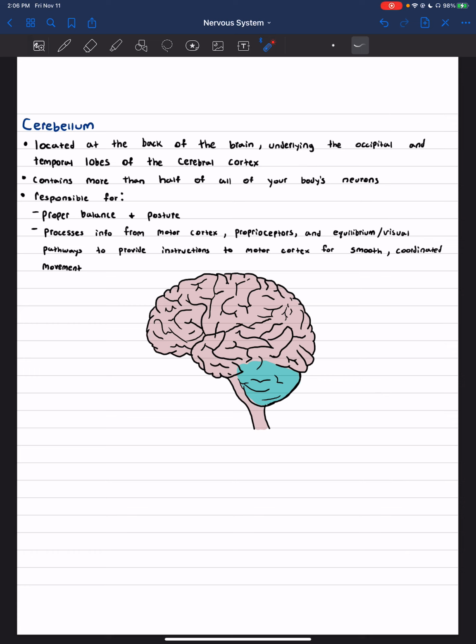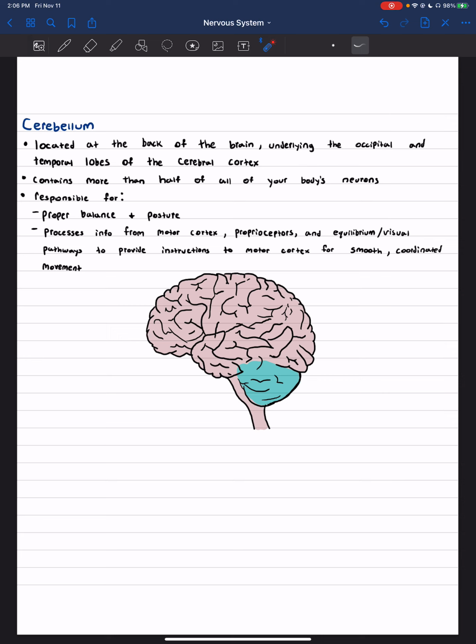The primary functions of our cerebellum are to regulate and it's responsible for smooth, coordinated movement. Any movement that is coordinated is done through the cerebellum, and that it smoothens our movements out. So you're not jittery, you're not shaking, you're not moving around erratically.